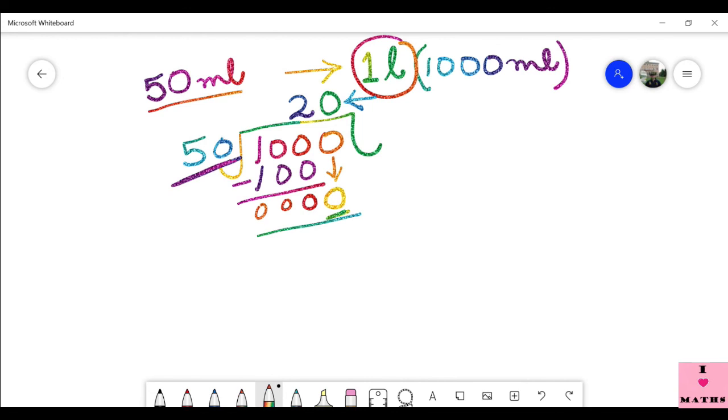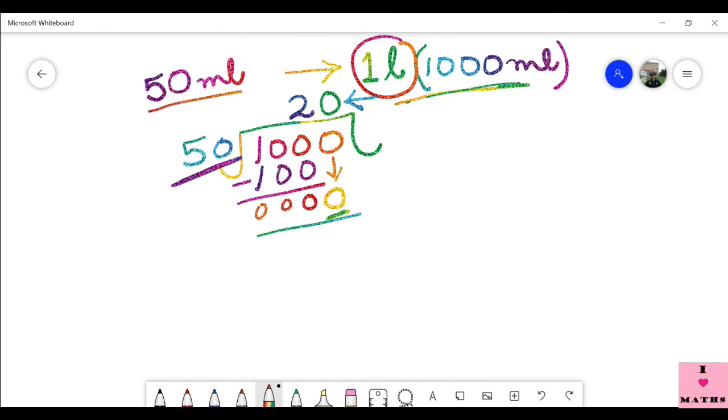This is how we can find out how many bottles of different types, different capacities do we need to fill up 1 liter bottle.